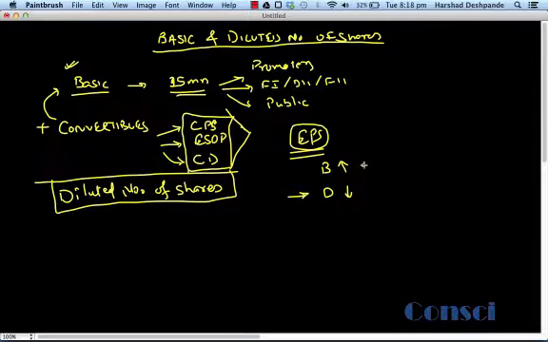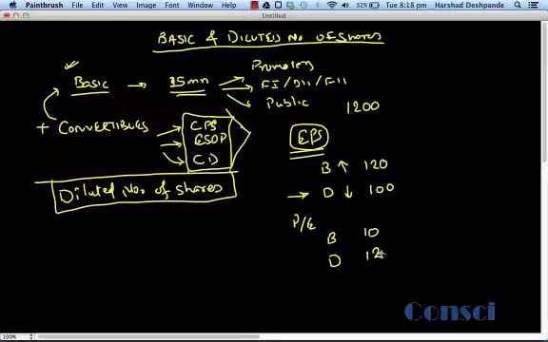So let us say, assuming for some PAT, you are getting basic EPS of the company to be 120 and diluted EPS of the company to be 100, then if you use this EPS to calculate P/E multiple of the company, so P/E multiple using basic EPS and P/E multiple using diluted EPS, and assuming the price of the share to be 1200, you would see P/E multiple of the company using basic EPS would be 10 and that using diluted EPS would be 12.